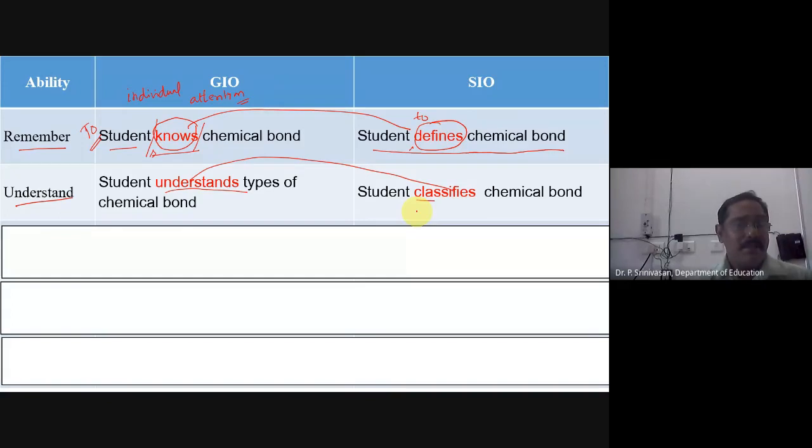What are the two parts? Whether it is GAO or SAO, it consists of two parts. It should contain two parts. Generally, it is a complete GAO or SAO. And what are those two parts?